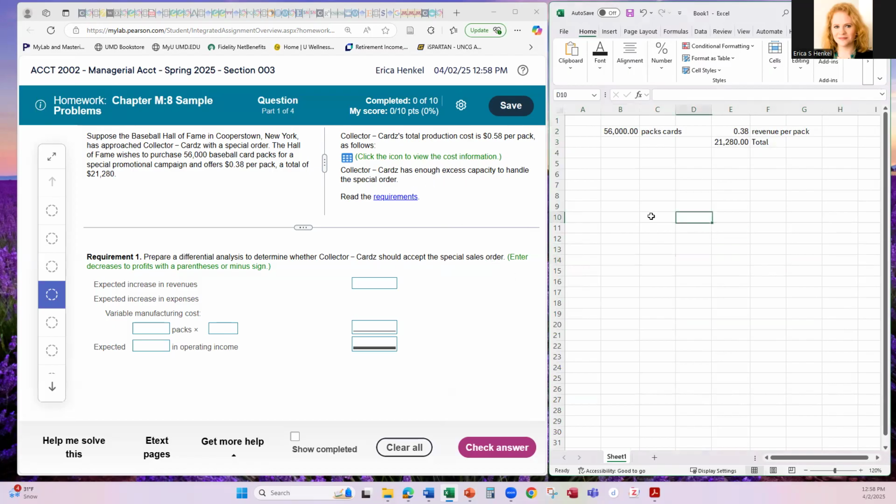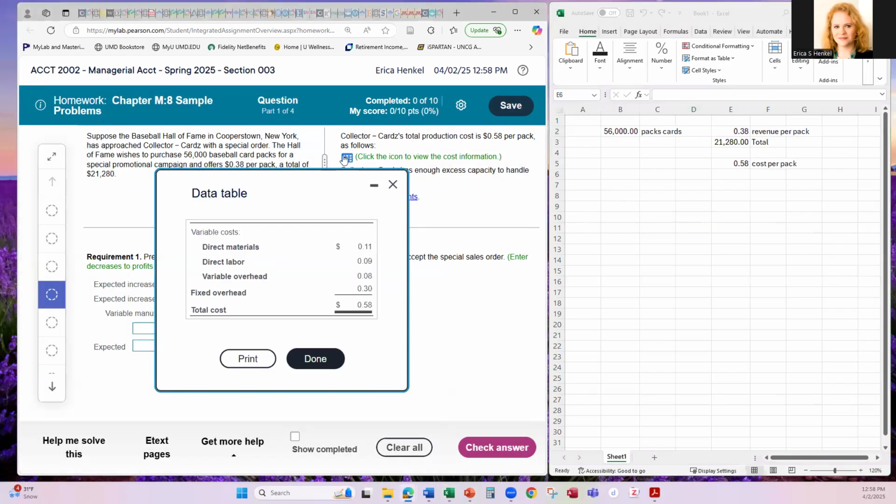Okay. And our cost per pack is 58 cents per pack. But let's break this down here, right? So we've got direct materials, direct labor, variable overhead.